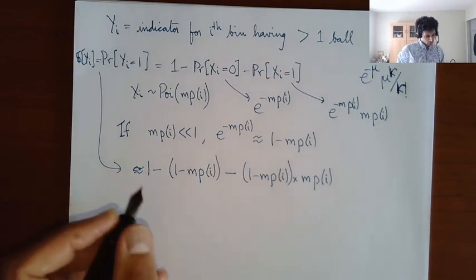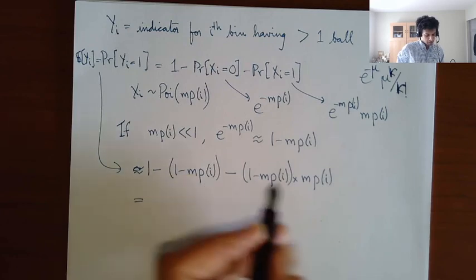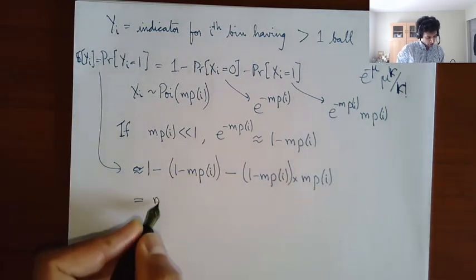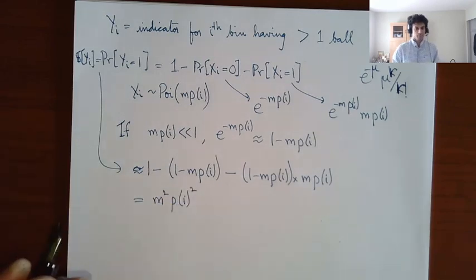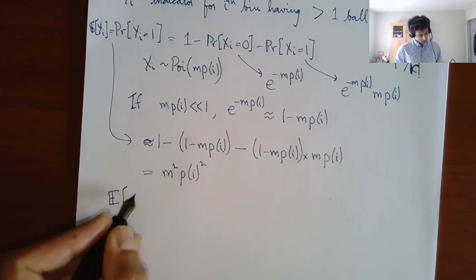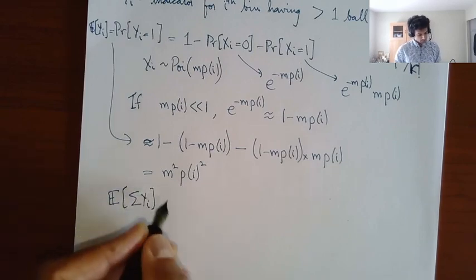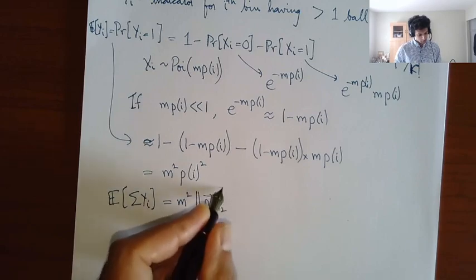Now, if you expand this out, the 1 cancels out with the 1. This MPI cancels out with that MPI. What you're left with is exactly m squared pi squared. And therefore, the expectation for the sum of yi is exactly equal to m squared times the 2 norm squared.